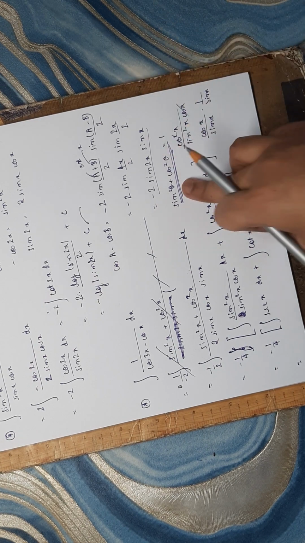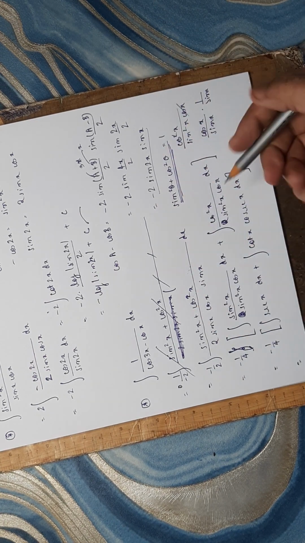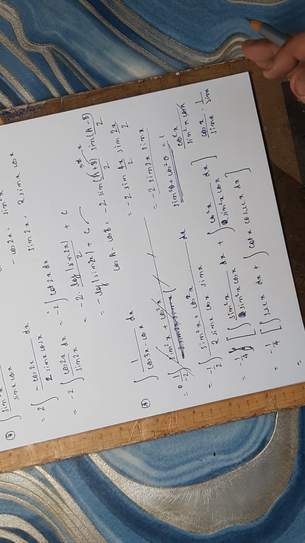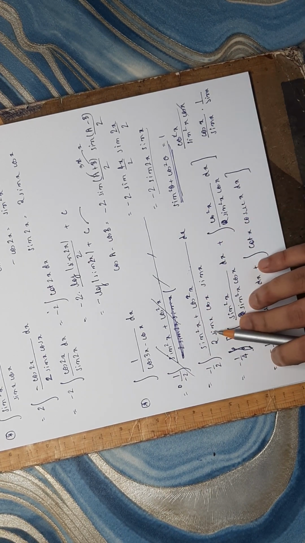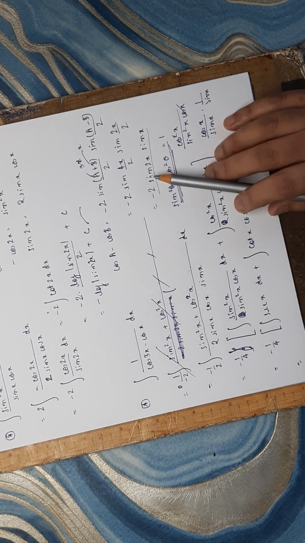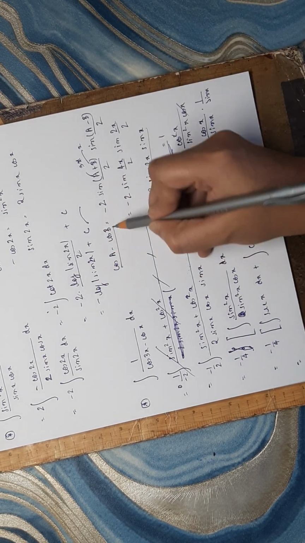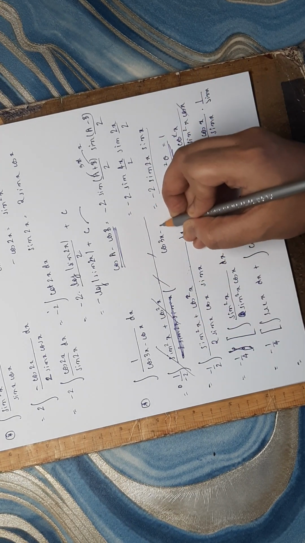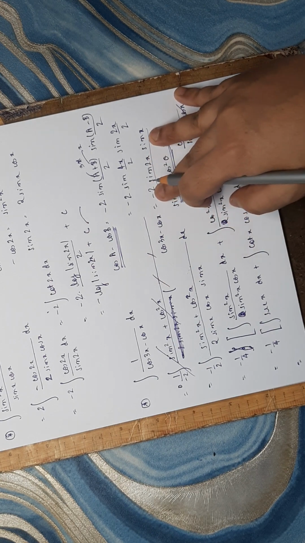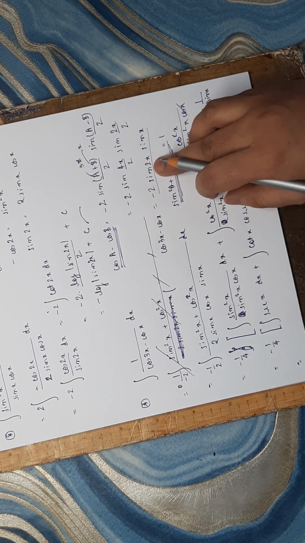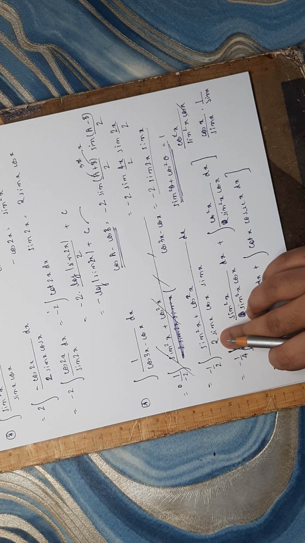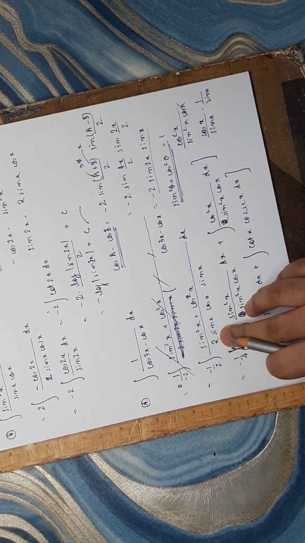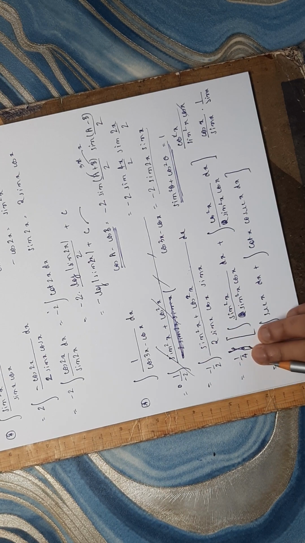And in the denominator, we replaced this cos 3x minus cos x by this. In the place of sine 2x, I replaced it by 2 sine x cos x. Also, I took this 2 common outside of the integration sign.